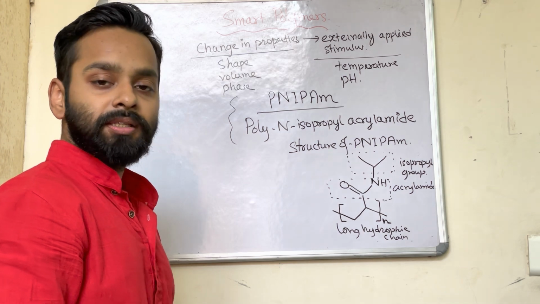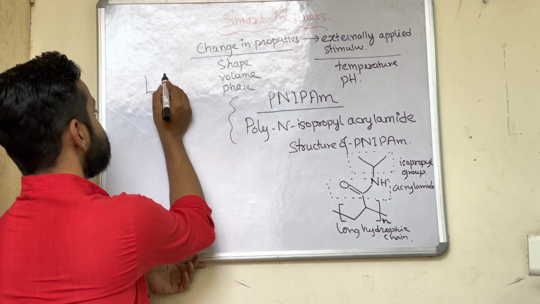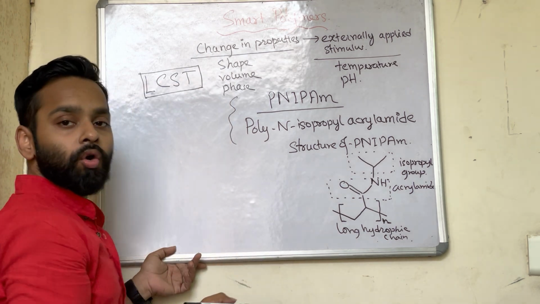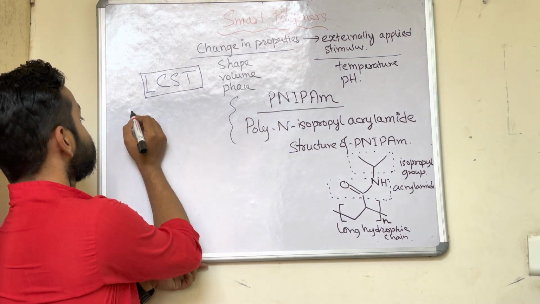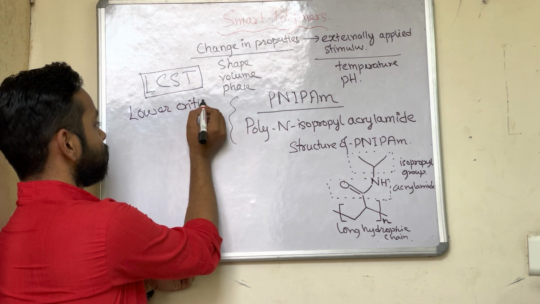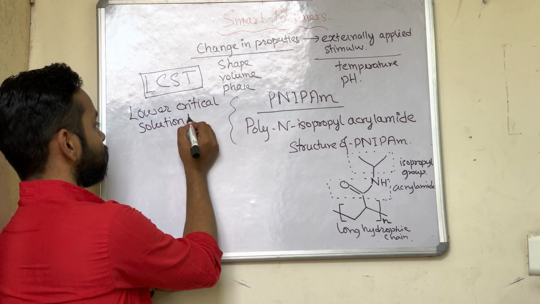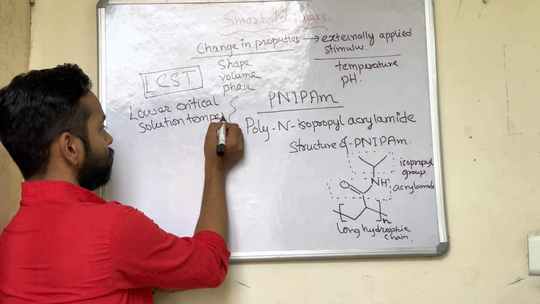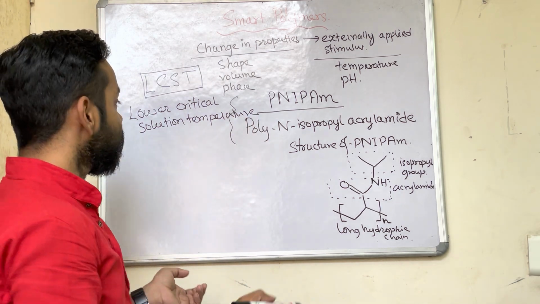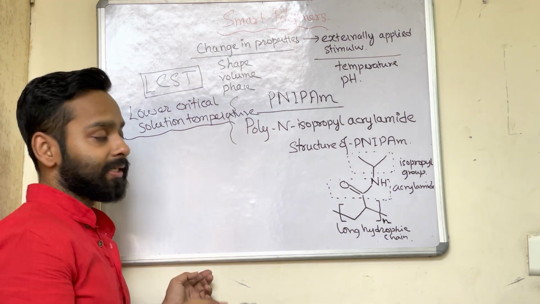So this PNIPAm shows the property of LCST, which is lower critical solution temperature. This is why PNIPAm can be tuned to be a smart polymer. So what is LCST?